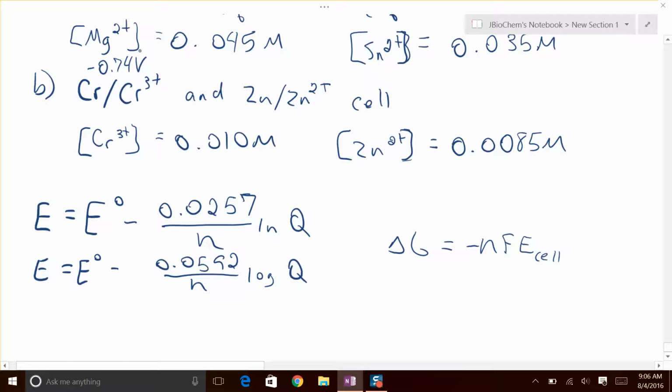There's the concentration, so Mg 2 plus is 0.045, and Sn 2 plus is 0.035.